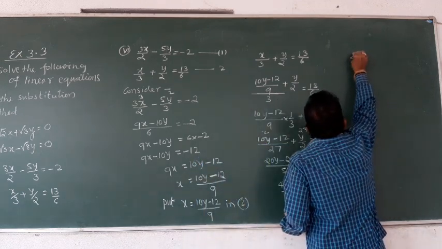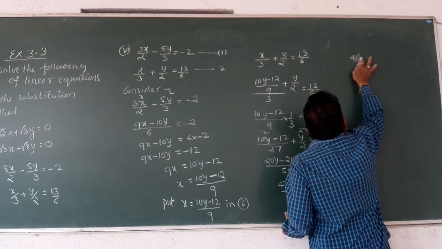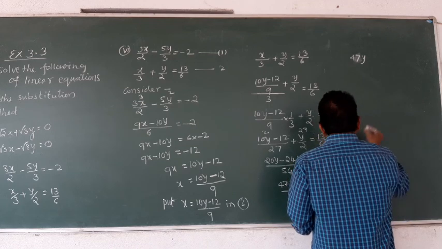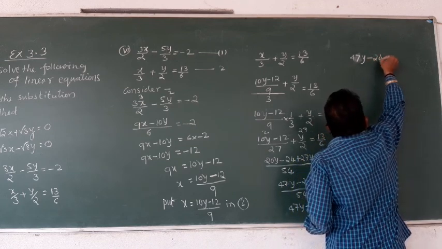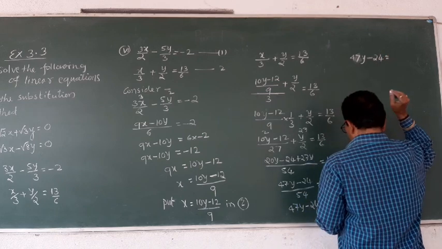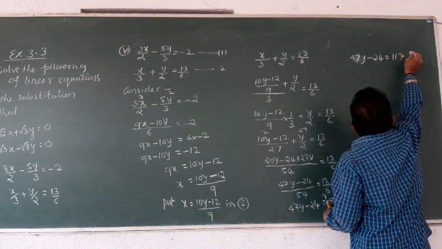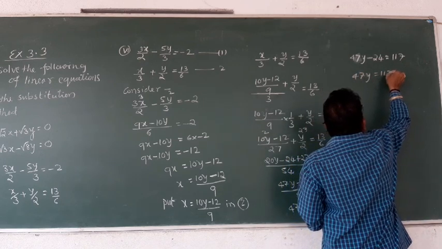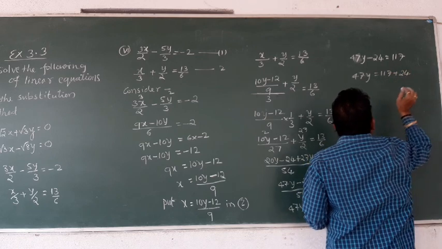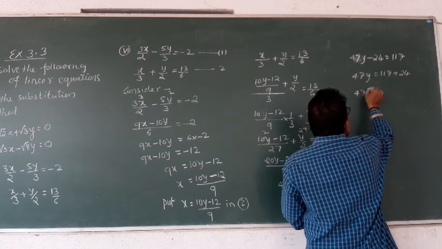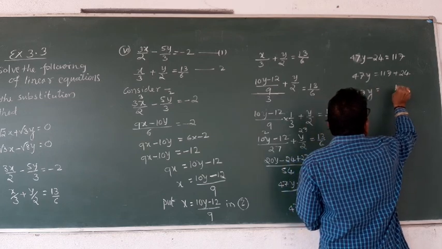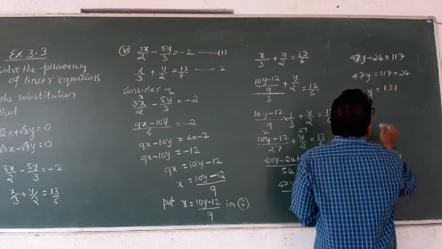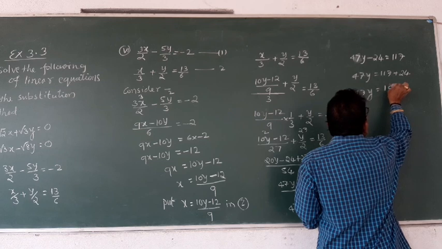So 47y minus 24 equals to 117. Therefore 47y equals to 117 plus 24. 47y equals to 141.